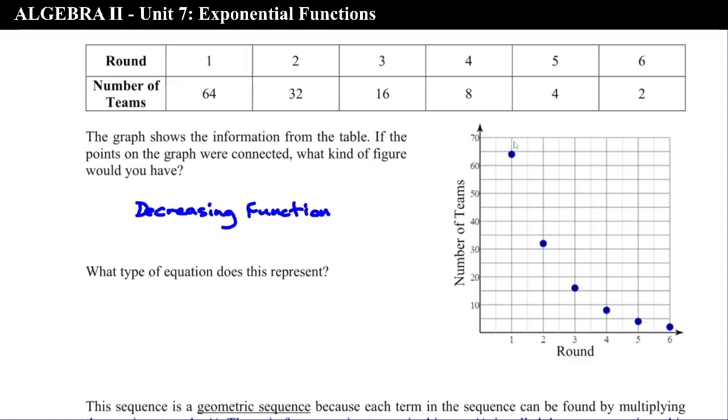Well, judging by the shape, and we know what the shape of exponential functions look like, this appears to be an exponential function. And not only an exponential function, but this one shows exponential decay, as opposed to exponential growth.